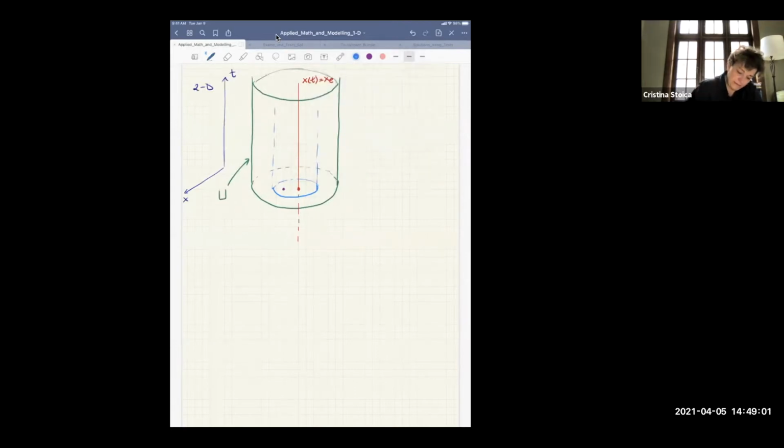The light blue tube, so this area here, and as it goes up, this is the V. So whatever U, a neighborhood of the equilibrium, there is a V, a neighborhood of the equilibrium, such that for any solution that starts in V, we have that it will stay in U for all t.